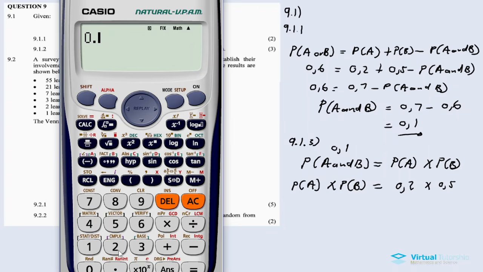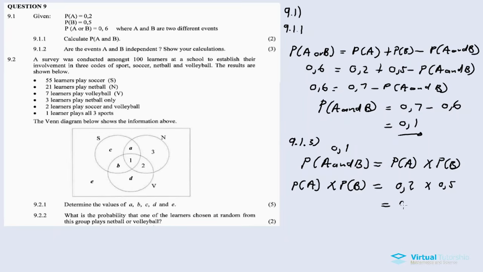As we multiply, 0.2 times 0.5 is equal to 0.1. Therefore, the probability of A and B is equal to the probability of A times the probability of B. Since our probability A times probability B totals 0.1, and the probability A and B is 0.1, they are equal.